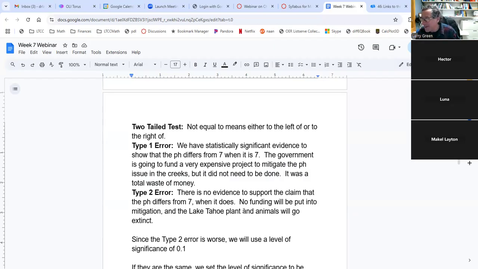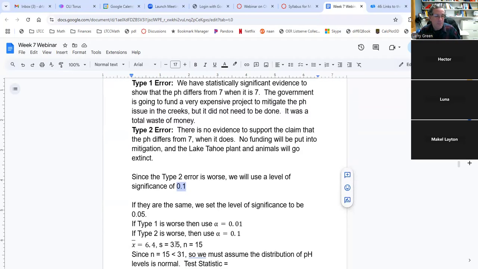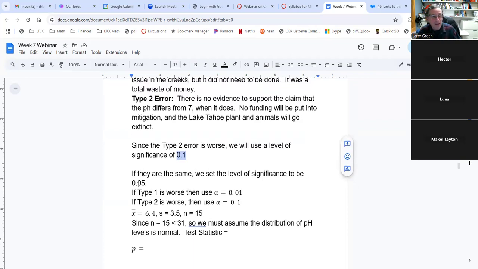If you're living somewhere else, you may care about your money more because you have to pay for it. But I think type 2 is worse. And if type 2 is worse, then let's go for the 10%, just like the last example. Does that make sense? If they were the same, we'd go for 5%, but they're not. I think type 2 is worse, but again, that's my feeling because I live in Tahoe and I care about our lake.